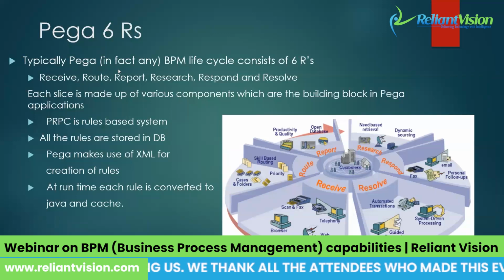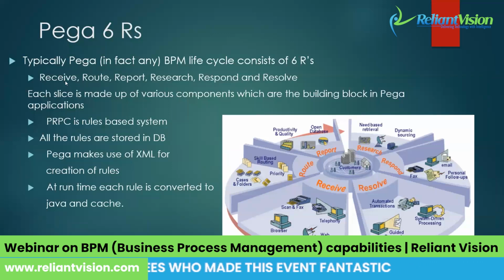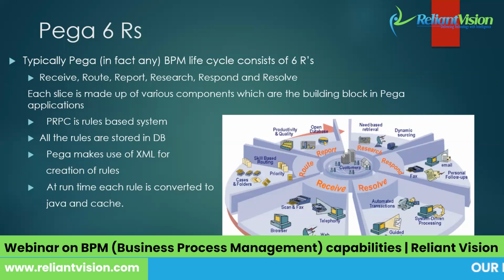There are the Pega 6 R's: receive, route, report, research, respond, and resolve. Receive is, as we discussed, like claims processing receiving a file every day. In the same way, you can have different ways of input: files, APIs, or Kafka topics.